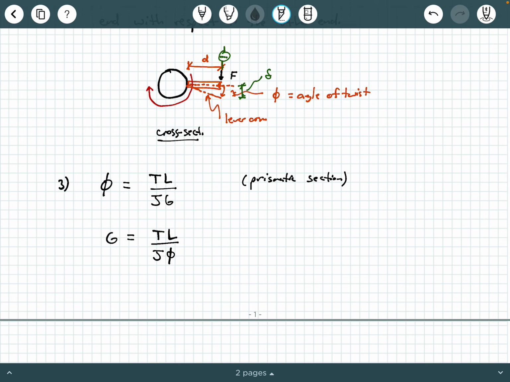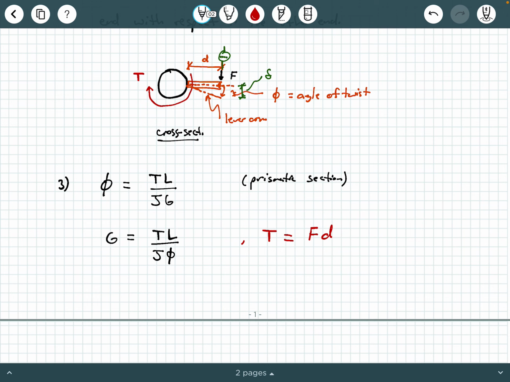T is the torque that's developed in the cross-section due to the applied force at the end of this lever arm. So what you could do is say that torque T is here, and I'll make a note here. We can compute T as equal to the force F times the lever arm.